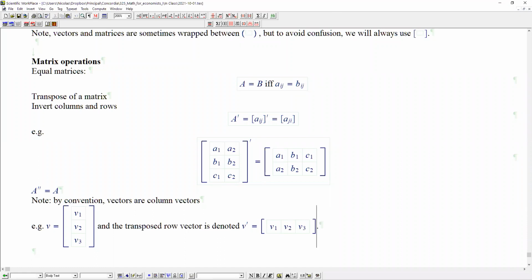Yeah, or sometimes, if you write it in the text, you will write v prime equals v1, v2, v3.